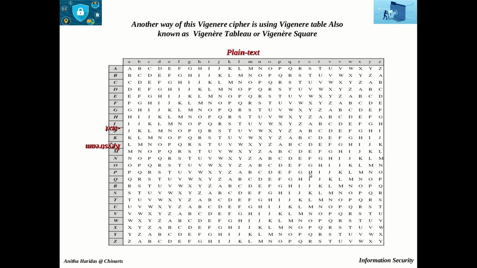That gives you the value H here. So the ciphertext becomes H for S. This is how we are going to do the Vigenère cipher encipherment using the Vigenère table.